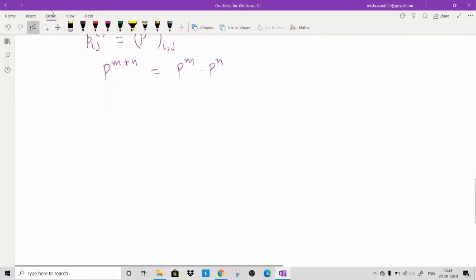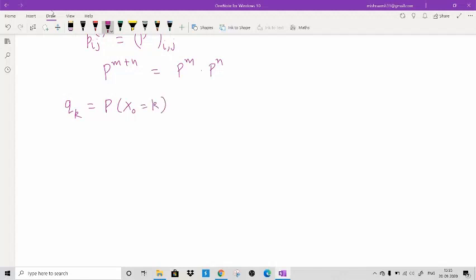And now we will see what happens if we know the initial distribution. For example, if Qk is the probability that X naught is equal to k, with k belonging to S, so this is the initial distribution. If you know this, then you can find many things. So we are representing Q1, Q2 and so on up to Qn.